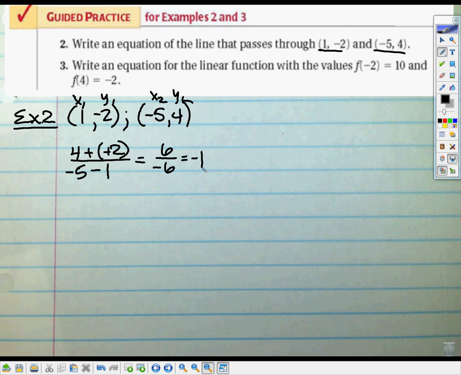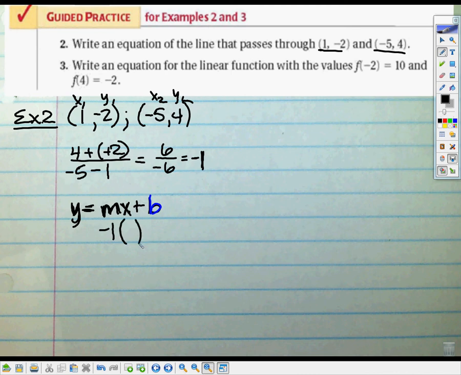Now if we start working with y equals mx plus b and use this to find our y-intercept that we don't know, we just need to substitute in for all of the other variables we see here, the y, the m, and the x. We now know our slope is negative 1, so I can put that in.